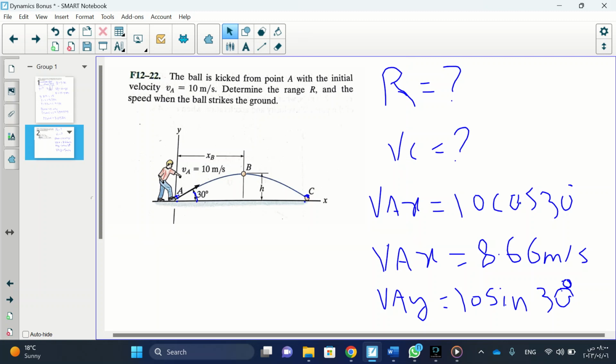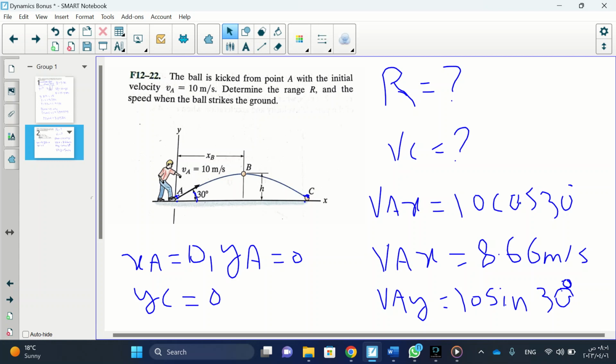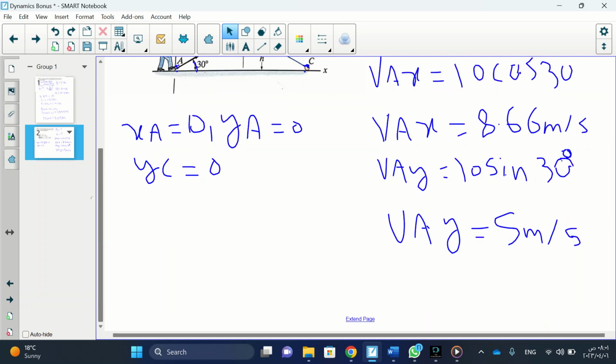So XA is equal to 0, YA is equal to 0, and also we know that YC is equal to 0 as well. Why? Because at C there is no Y, it's at the x-axis, right? So YC is equal to 0.